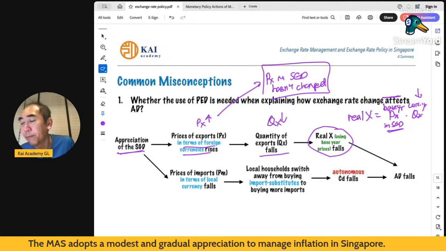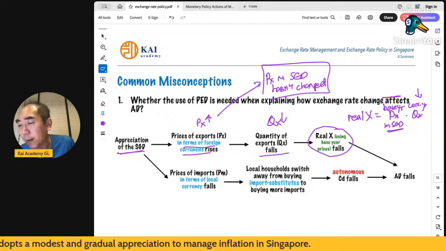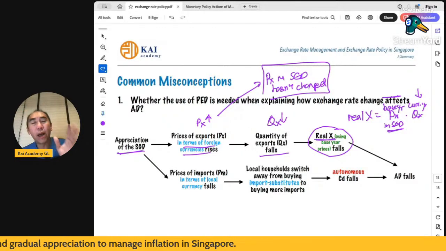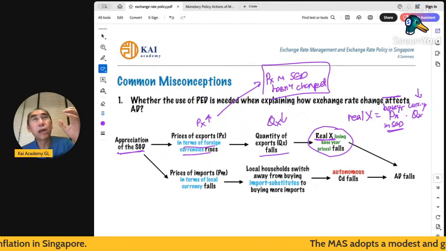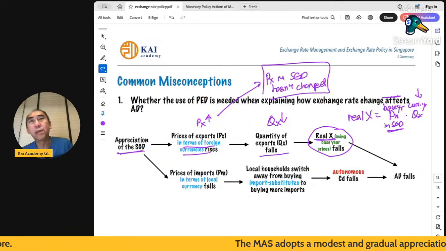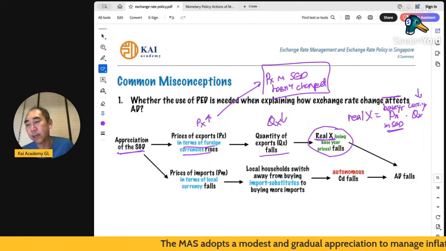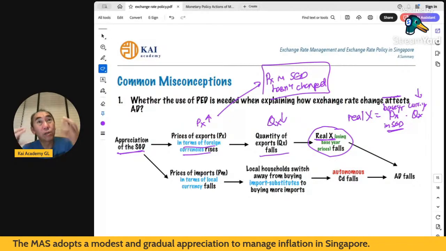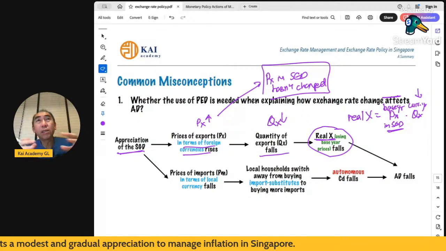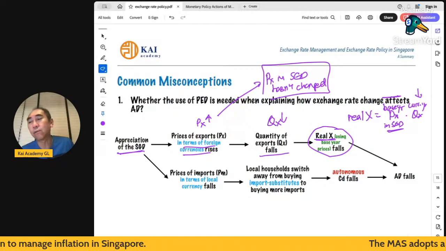So this is why the fact that X, nominal or real X, is falling because of appreciation, the conclusion that it falls does not depend on whether PEDX is greater than 1 or PEDX is less than 1. Now, having said that though, the value of PEDX is still useful because ceteris paribus, the greater the value of PEDX, the larger is the extent of the fall in X.